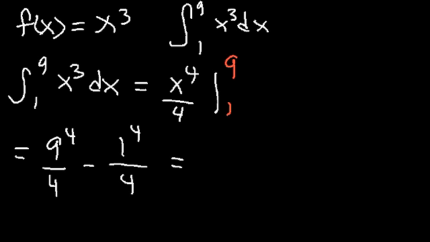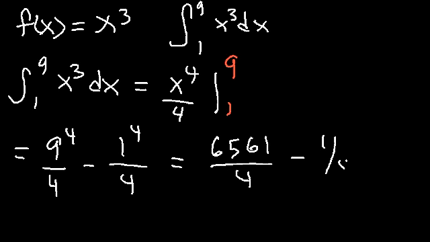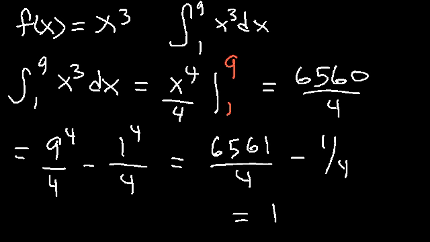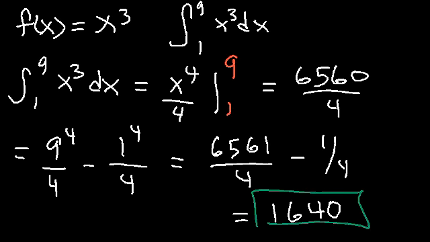Now 9 to the 4th power is 6,561, minus 1 over 4. So that's going to be equal to 6,560 divided by 4, which is 1640. So this is the exact answer. This is what we want to approximate.